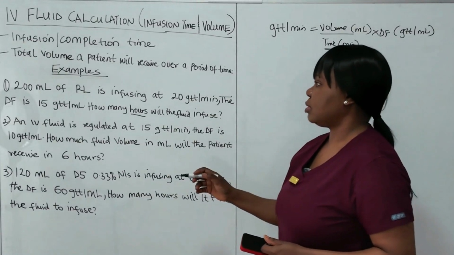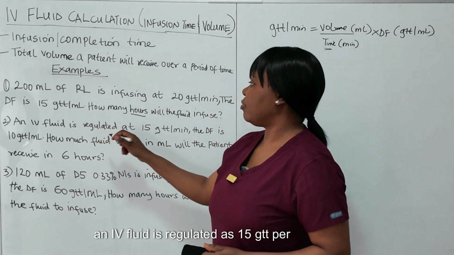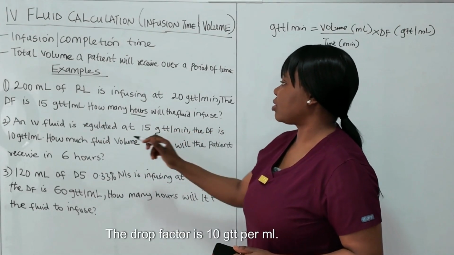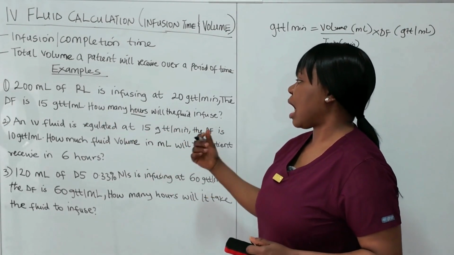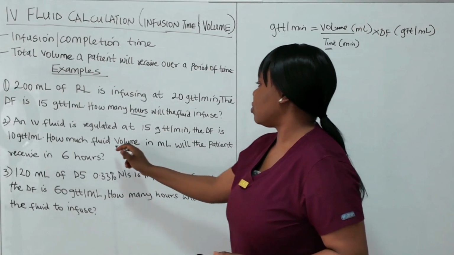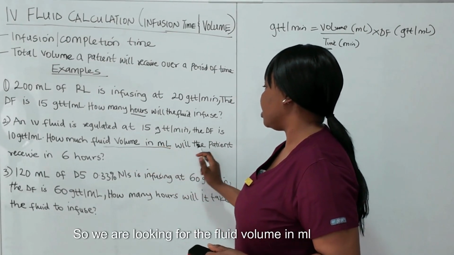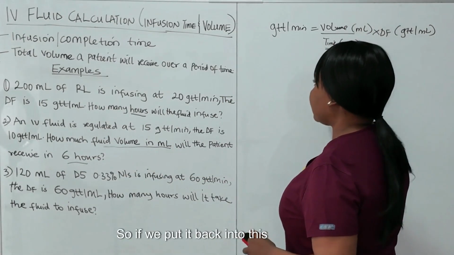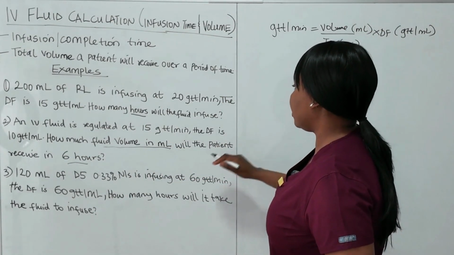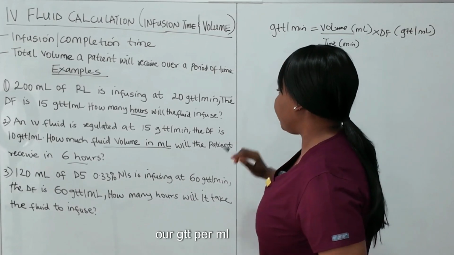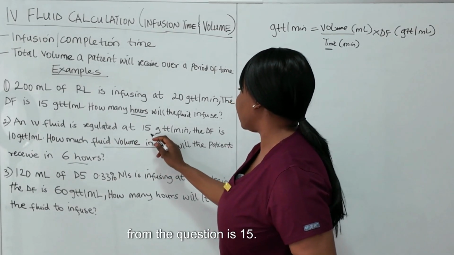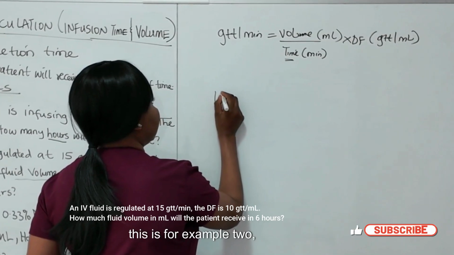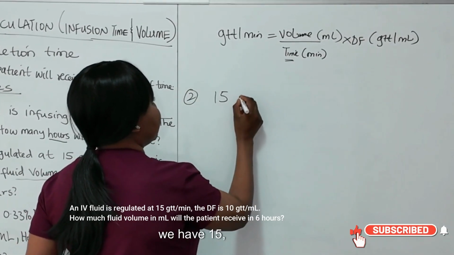Example 2. An IV fluid is regulated at 15 gtt per minute. The drop factor is 10 gtt per ml. How much fluid volume in ml will the patient receive in 6 hours? If we put it back into the formula as usual, the flow rate from the question is 15.